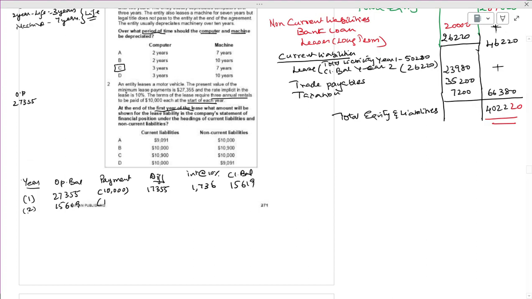15,619. 10,000 is the lease payment. It comes to 5,619. Check again. What is the total you have to have here? 17,355 plus 1736.